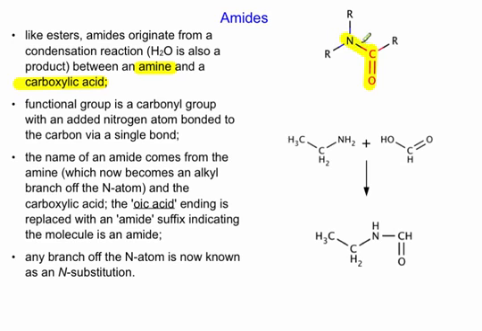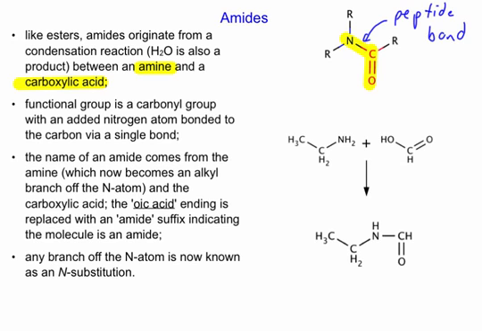So we form this single bond between carbon and nitrogen, and that's known as a peptide bond. And we form that bond when we allow a condensation reaction to proceed. And so the functional group is the carbonyl group with the added nitrogen, and the name for amide is much like that for carboxylic acid.